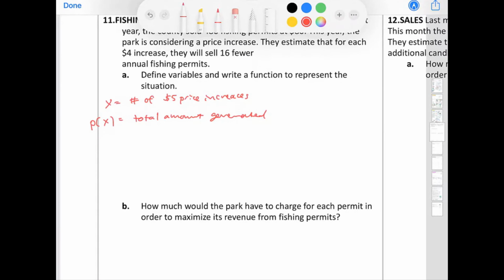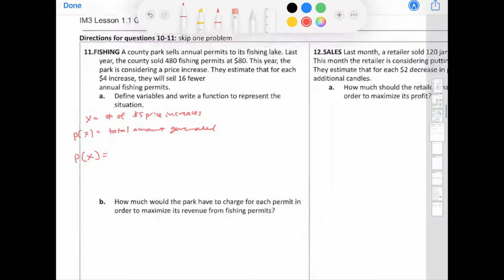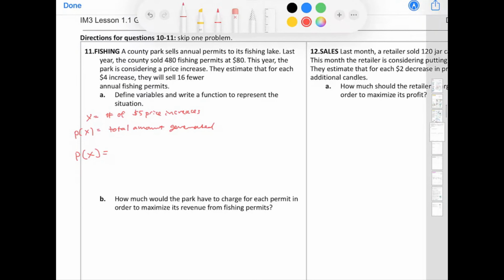So the money generated is the price per permit, which is $80, plus the $4 price increase, and the number of increases is X. And total passes is going to be the other one.